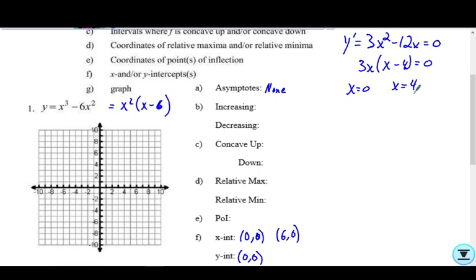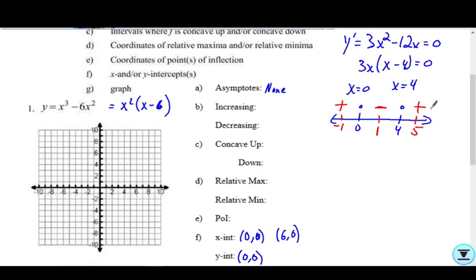Then we create our number line for the first derivative test. We put our 0 and our 4, those are our zeros. Then we test it, so we pick values. I'm going to pick negative 1. When I plug negative 1 in here, I get positive. When I plug 1 into my first derivative, I get negative, and when I plug in 5, I get positive.